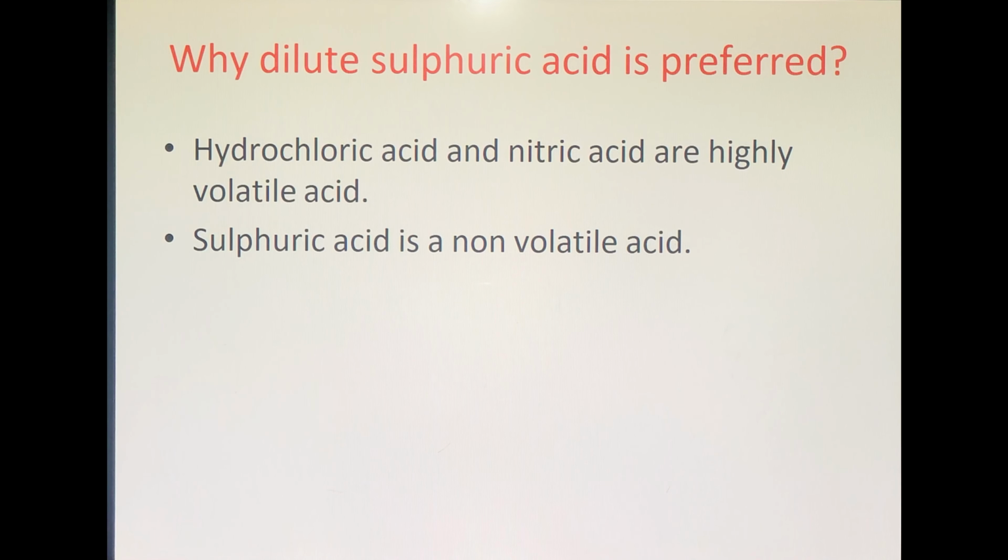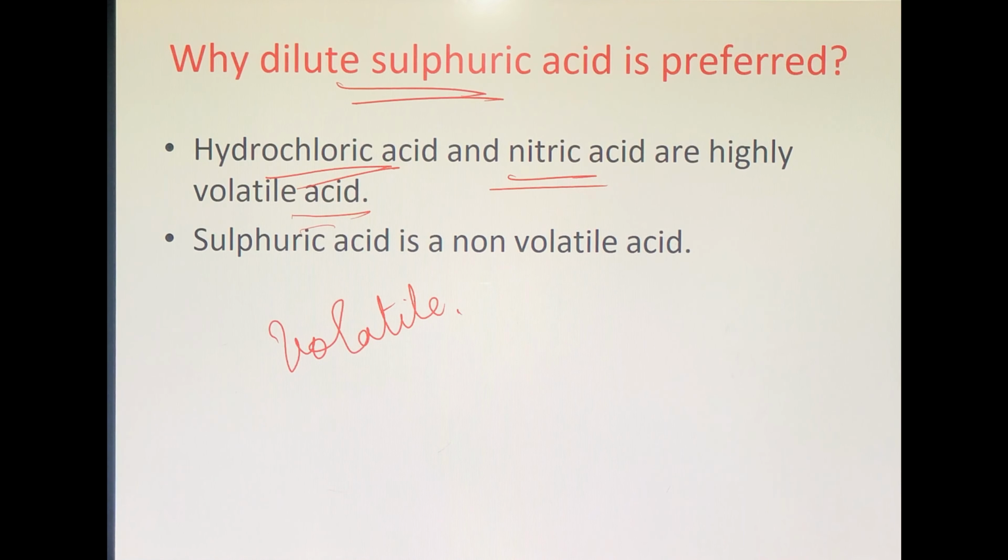Okay. Now the next question that will be asked to you is, why are we preferring dilute sulfuric acid? Clear? Because the problem here is HCl and nitric acid are what type of acids, children? They are volatile acids. Especially nitric acid and hydrochloric acid. What do I mean by the word volatile acid?